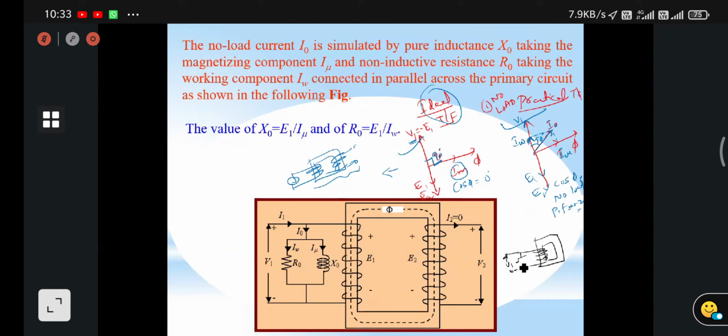This one is resistive in nature and this one is inductive in nature. This is the no load component current, the working component and the magnetizing component here, R0 and X0. This is the no load condition, I0, with I2 equal to 0.